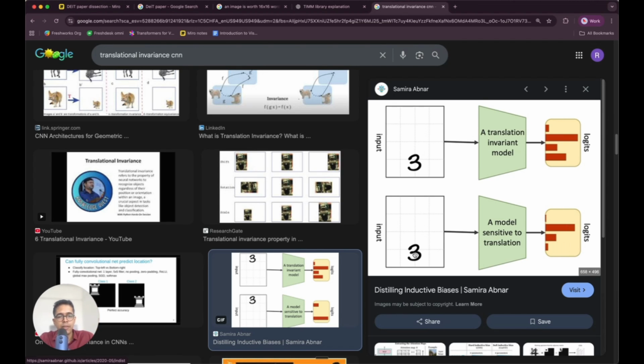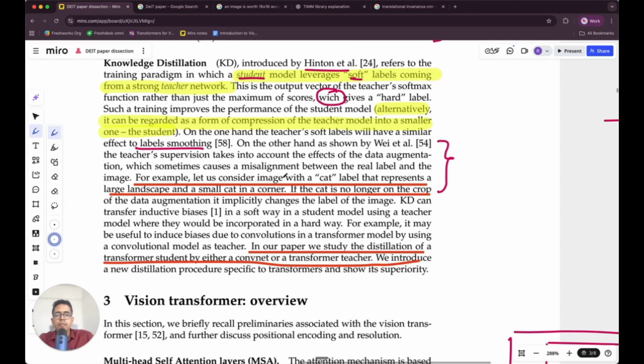But on the other hand, if it's a translationally sensitive model, if it is not a CNN, the logits can change. That is what this animation is showing. These are all inductive biases of the CNN. It assumes that whatever features are present are local, and it doesn't matter where those features are present in an image.